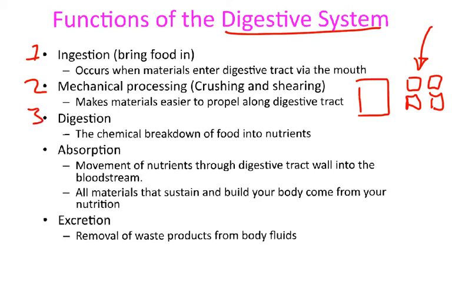We have the actual process of digestion, which is using chemicals to break down the food, so the hamburger or the salad or whatever it was that you ate, into its base components, into what we would call nutrients. Simple amino acids out of proteins, simple carbs out of complex carbs, so turning things like breads into sugars, and breaking fats down.